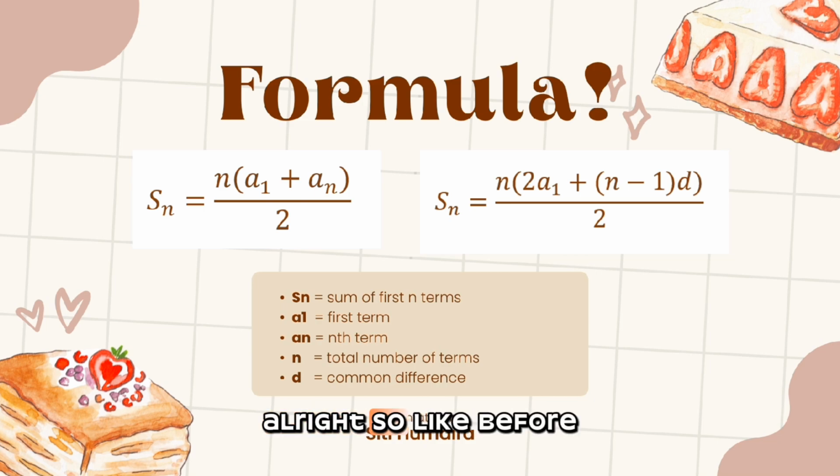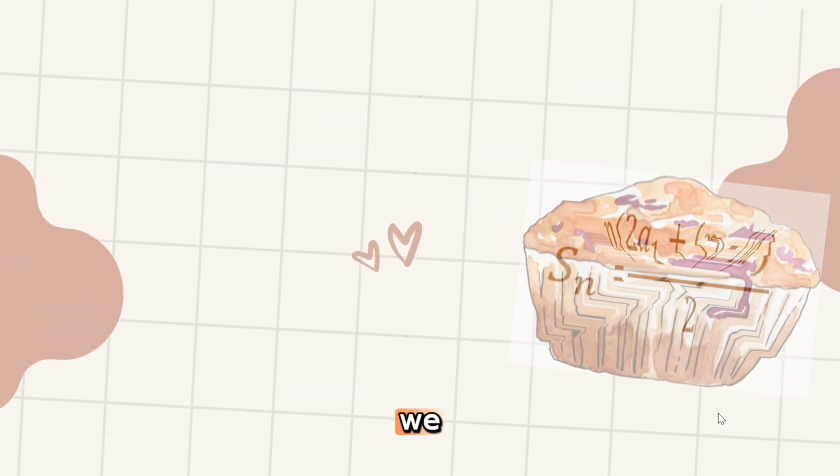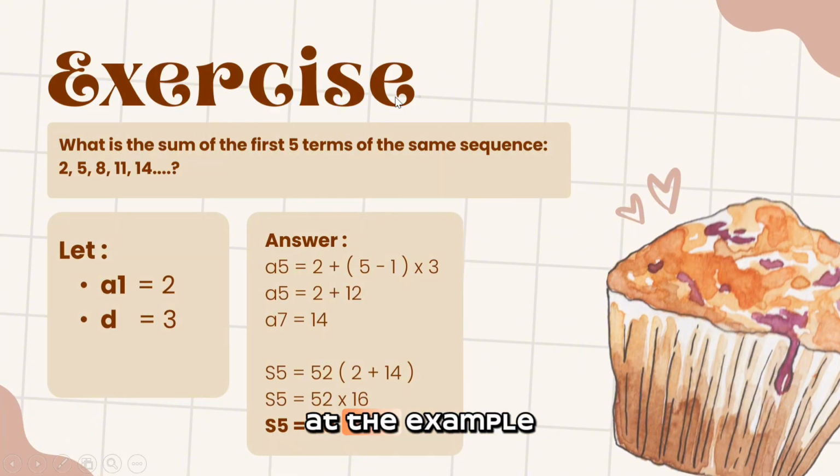Alright, so like before, we're going to look at the example of arithmetic series. So let's find the sum of the first 5 terms of the same sequence as before, 2, 5, 8, 11, and 14. So we know that a1, or the first term of the sequence, is 2, and we don't know the fifth term, right?